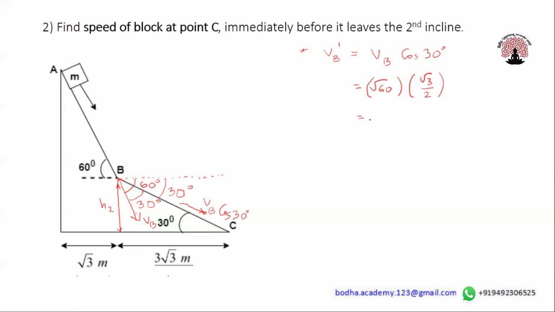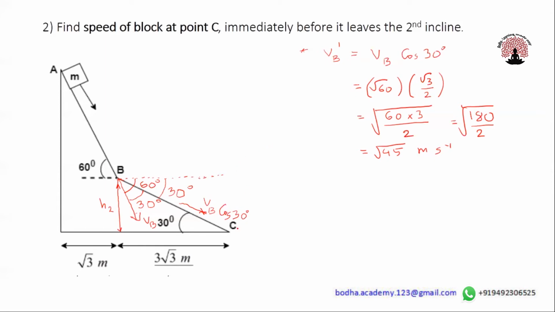So this is root of 60 into 3 divided by 2, that is 180 divided by 2, which gives root 45 meter per second.